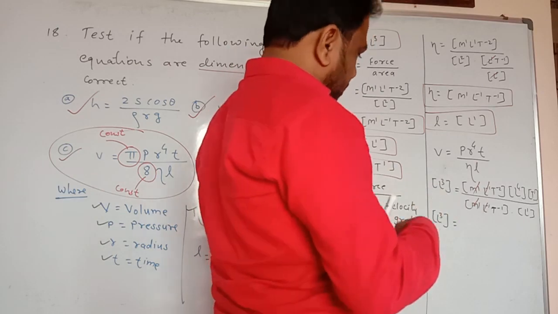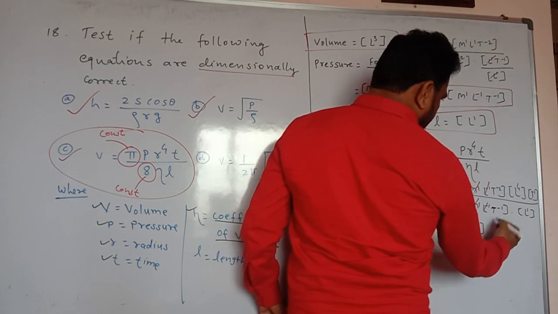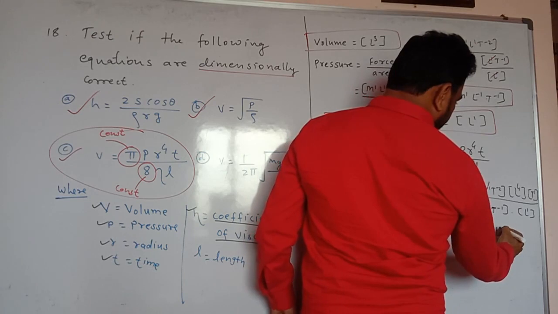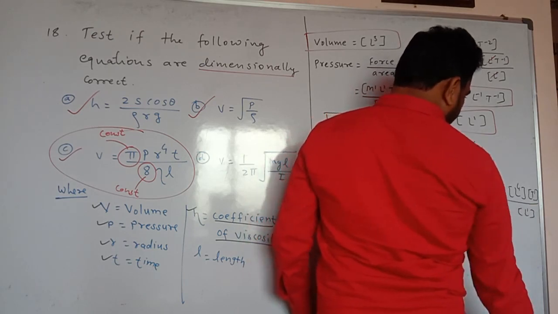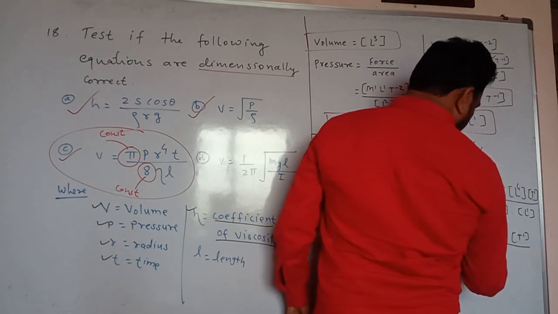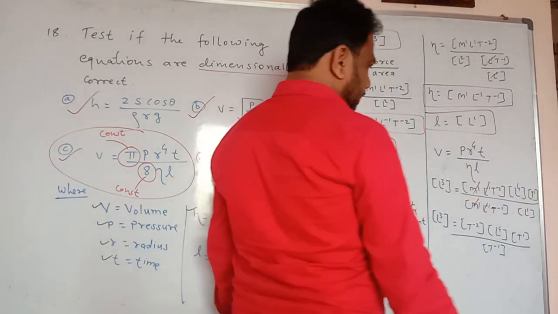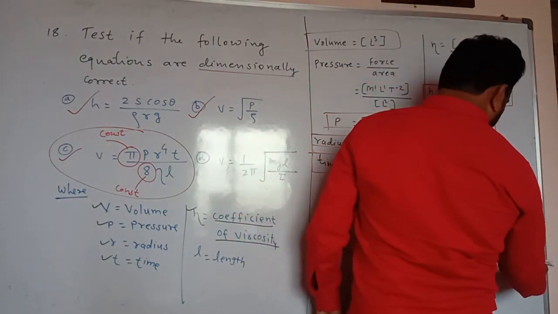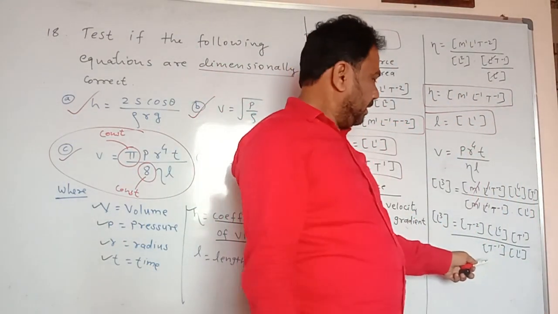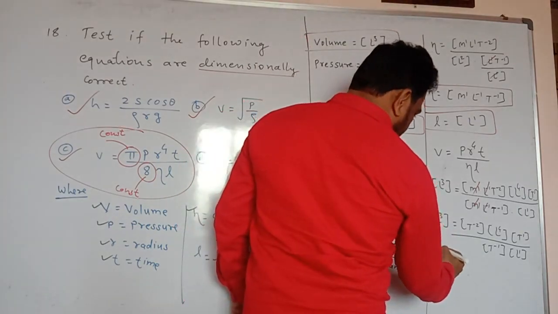So the remaining term will be T minus 2, then L4, T1, divided by T minus 1 and L1. T minus 1 and L1 are the remaining terms in the denominator. So we can solve this equation like this.